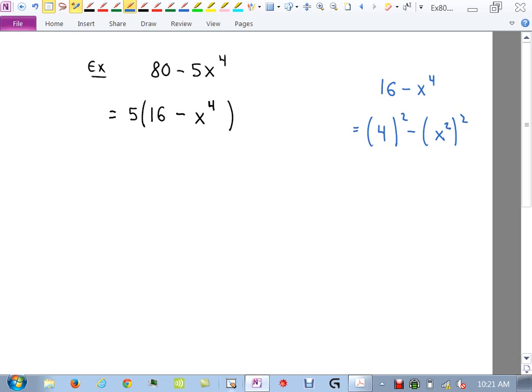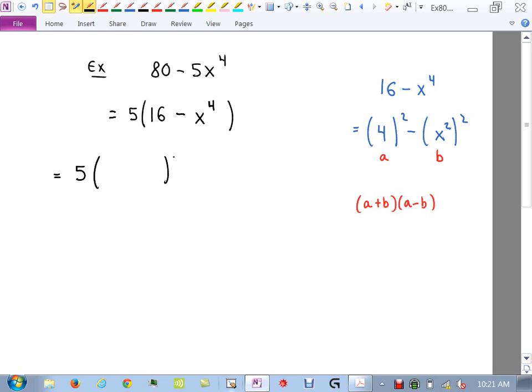This is exciting stuff. This isn't government. All right, so I've turned this into a difference of squares. My a here is 4, my b here is x squared. The formula, just in case you've forgotten, is a plus b times a minus b. It's on your formula sheet. So I'm going to rewrite it with these two sets of parentheses using a is 4 and b is x squared, and I still have that 5 that my GCF was outside.